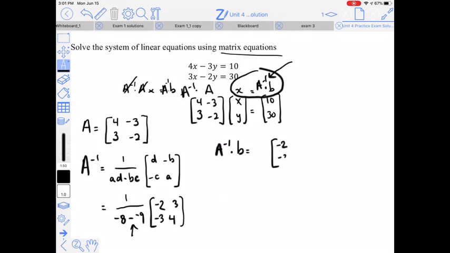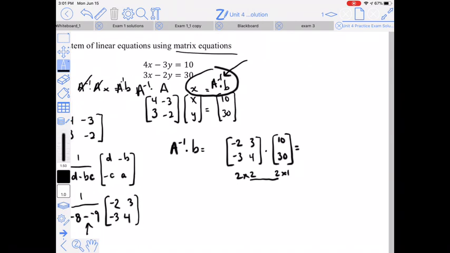But then we have the negative 2, negative 3, 3, 4, so there's the inverse of A, and then I'm going to multiply that with matrix B, which is 10 and 30. Now, this is a 2 by 2, this is a 2 by 1, the inside dimensions match. The outside dimensions say that we're going to get a 2 by 1 matrix out of this multiplication. So 2 rows, 1 column.